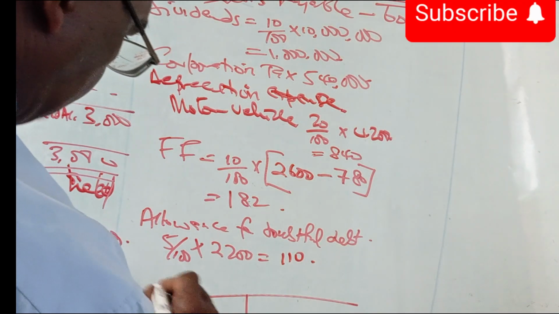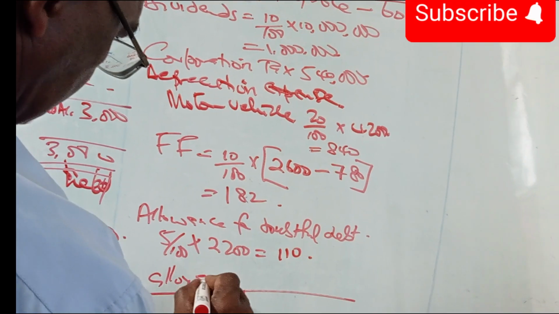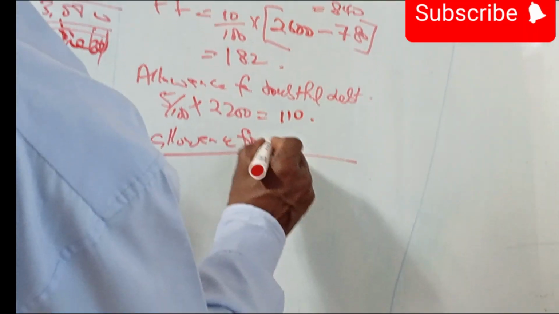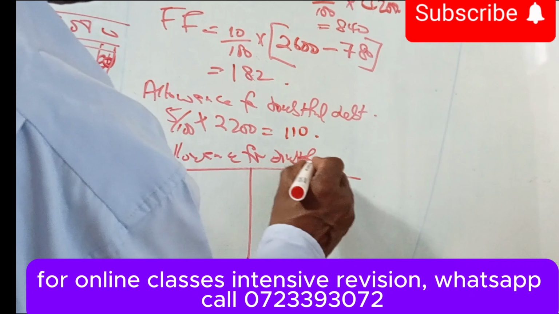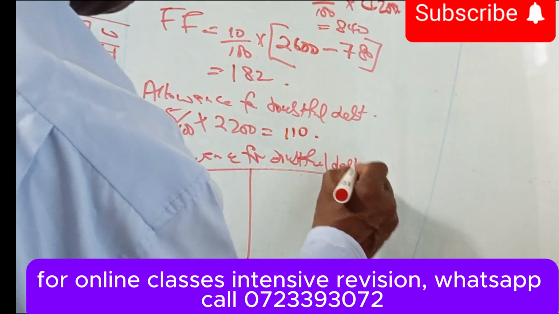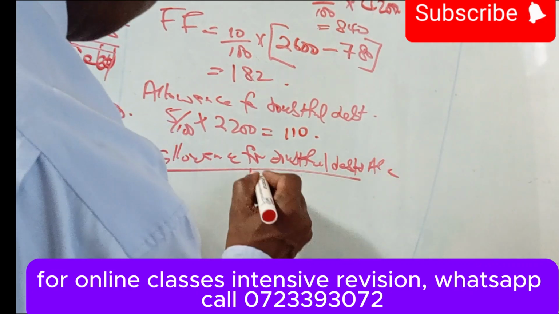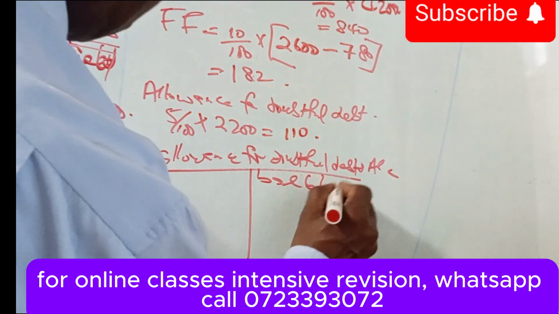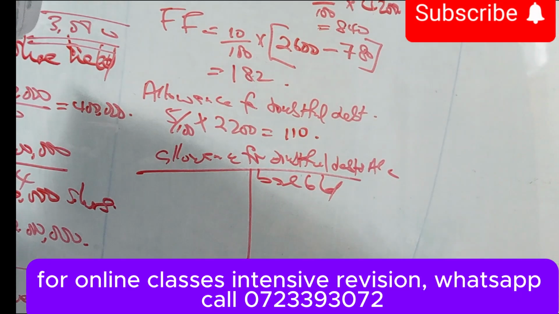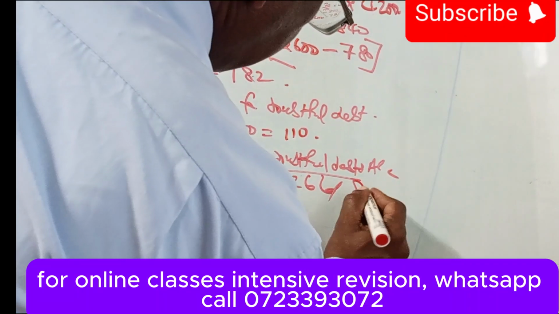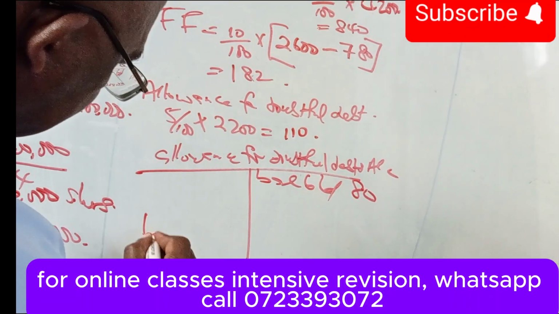So you create the allowance for doubtful debts account. The opening balance, the balance brought down per trial balance, the last item there at the trial balance, is 80. But you are told the closing balance is 110.